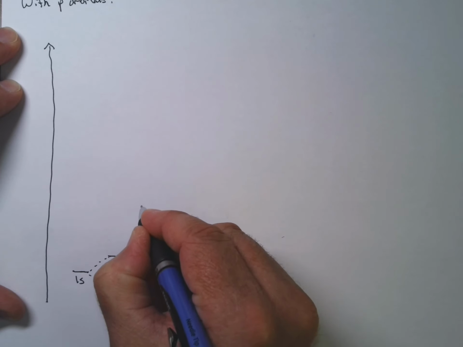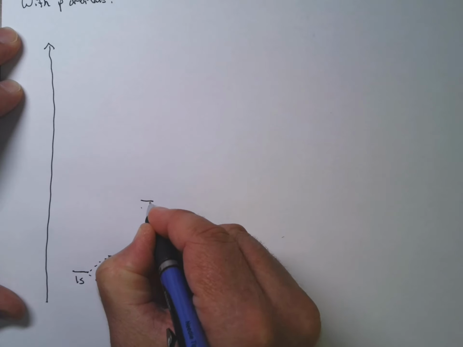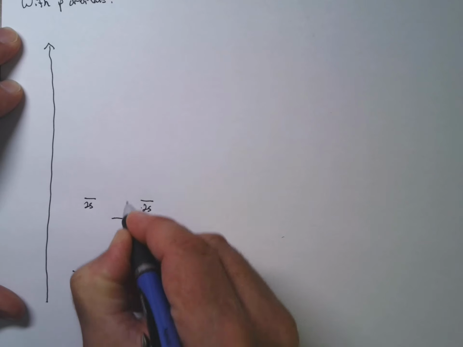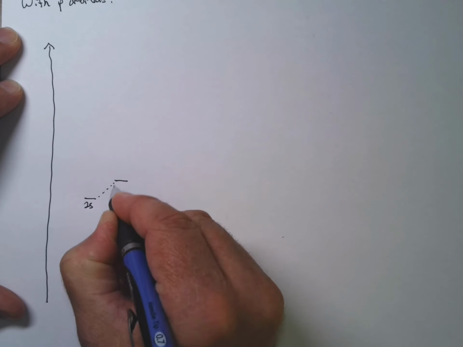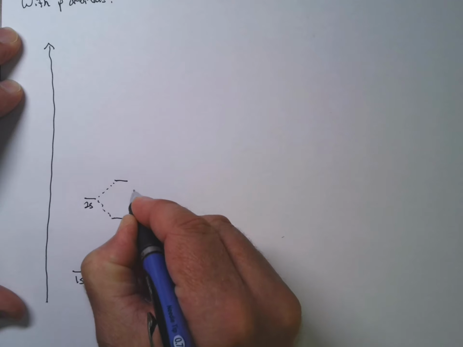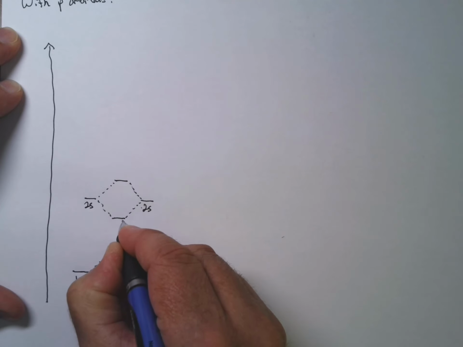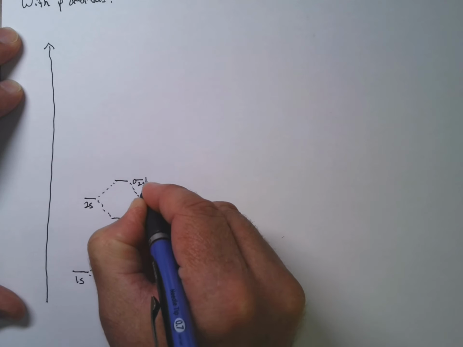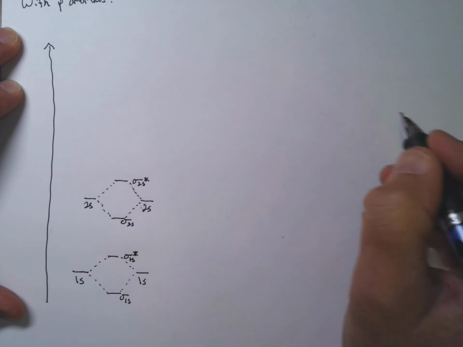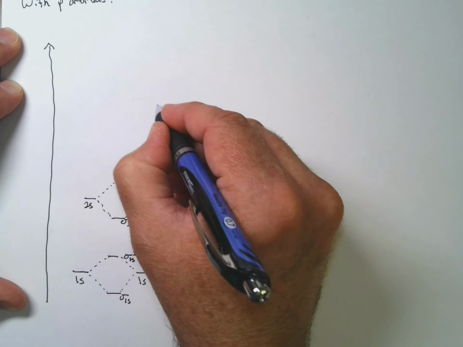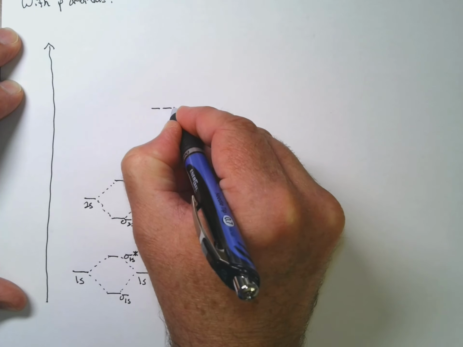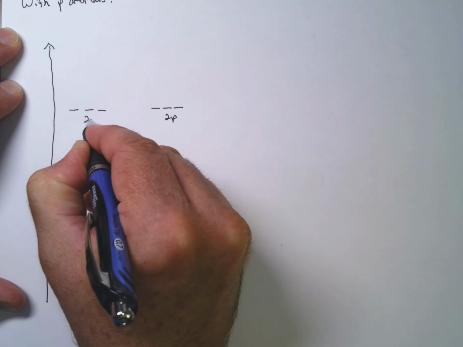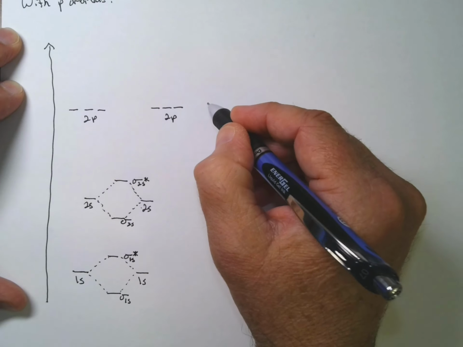And then up a bit higher, we'll have our 2s, and we have sigma 2s and sigma star 2s. And then we have our 2p orbitals, and we have 3 of them.